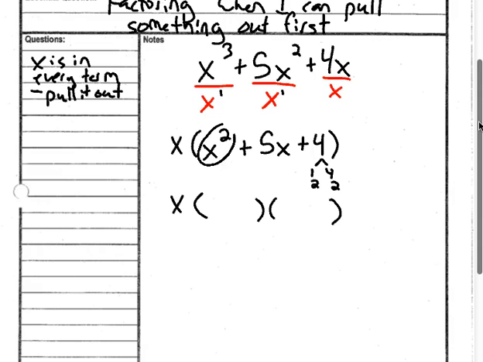To get that x squared, remember that means I'm going to start with my x and x. And in order to get that 5x in the middle, we're going to need a plus 1 plus 4. So that's kind of the neat thing about this: now not only can we pull something out, but then we can actually keep going with that factoring process.